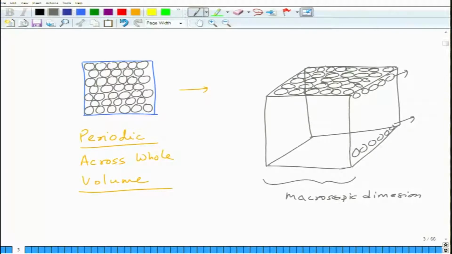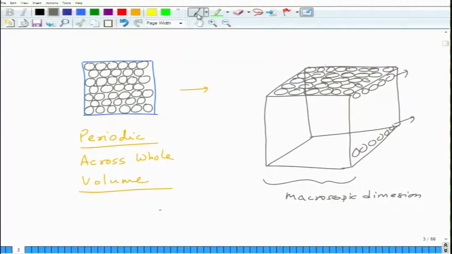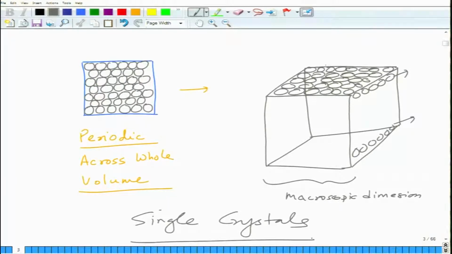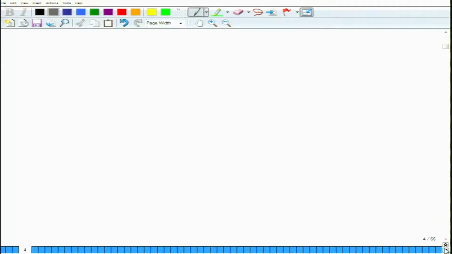This is called a single crystal. There is no discontinuity in the arrangement of atoms; it is uniform all throughout the crystal. So these are called single crystals.